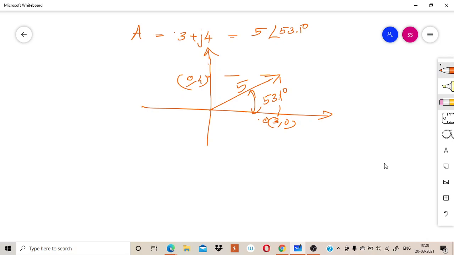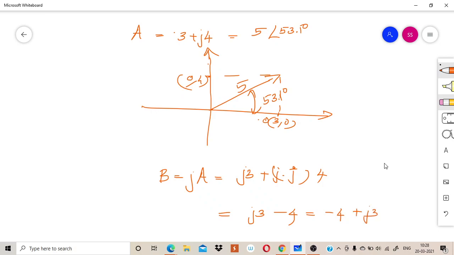Then what you will get is another phasor, B, equal to j into A, that is j3 plus j into j4. j into j is j square, that is minus 1, right? So minus 4.